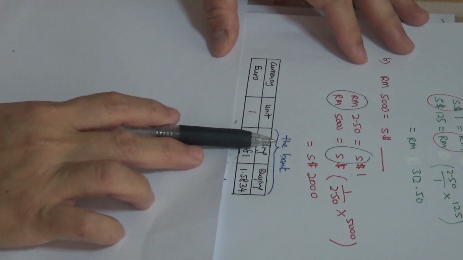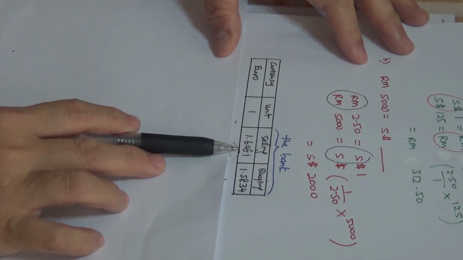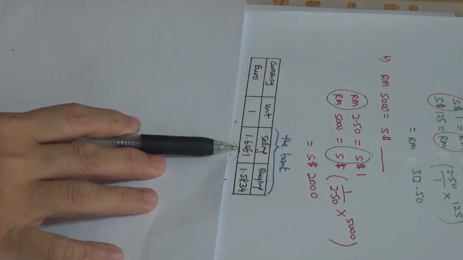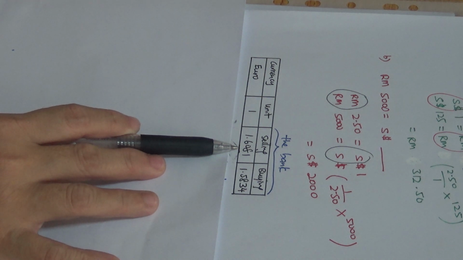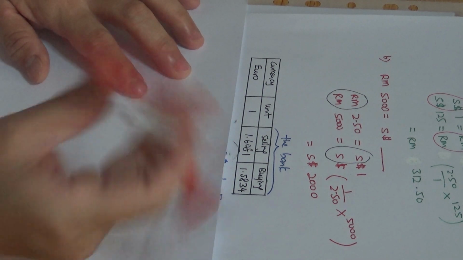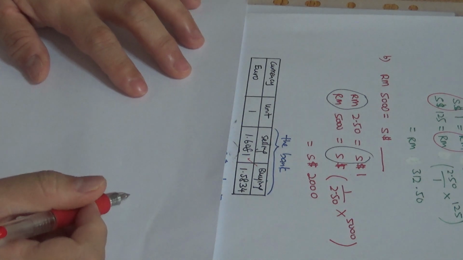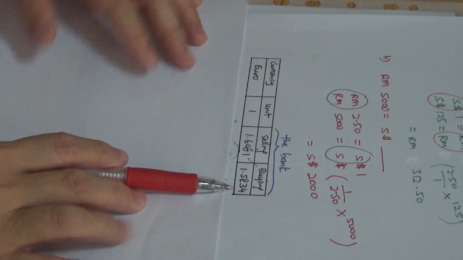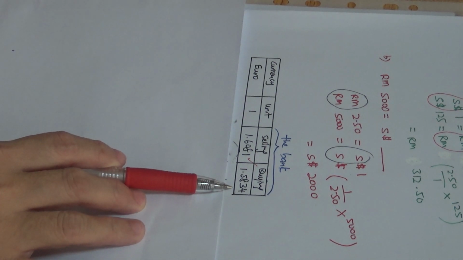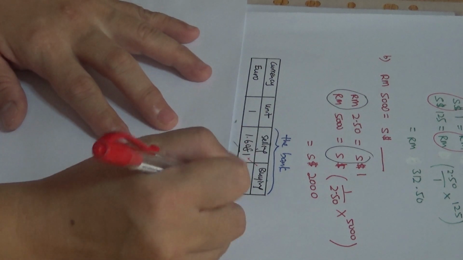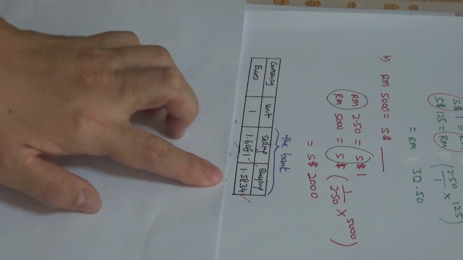If I have some Singapore money and I want to change to euro, when I go to the bank, the bank is selling the euro to me, so I have to look at this rate here. If I come back to Singapore with euro and go to the bank to exchange for Singapore dollar, the bank is actually buying the euro from me, so you must look at this particular rate.